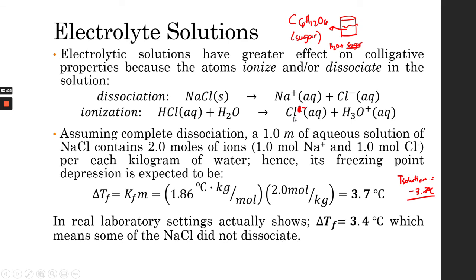So medyo mas complicated kung electrolyte solution yung sinosolve mo for delta T sa freezing point depression and boiling point elevation. So ang gagawin natin ngayon, since for all the intents and purposes of this course, we're gonna focus more on non-electrolyte solution. So for the duration of our course, we'll only be using non-electrolyte solutions.